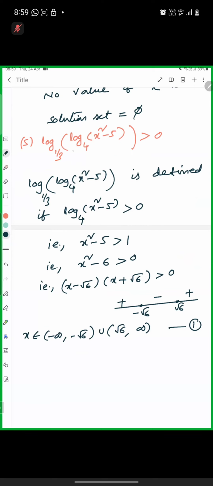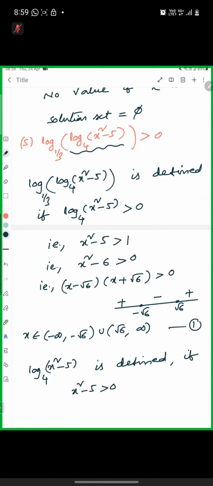And one more logarithmic function is there, that is this one: log of x square minus 5 to the base 4 is defined. What is the variable here? x square minus 5 greater than 0. Two logarithmic functions are there.